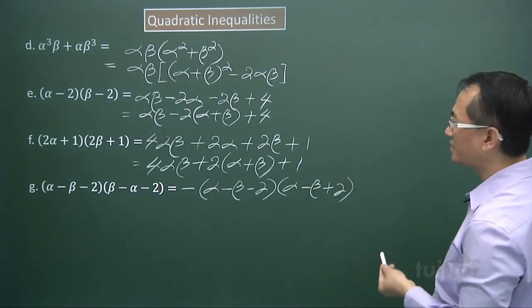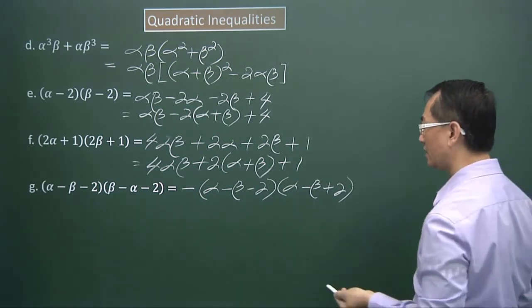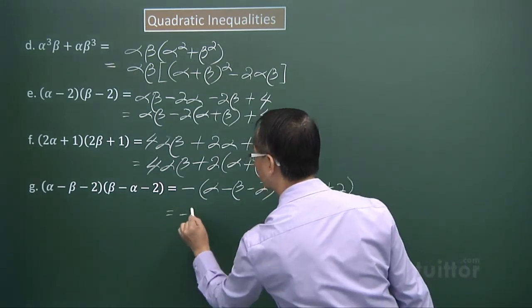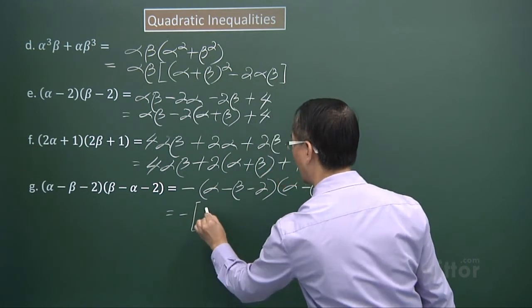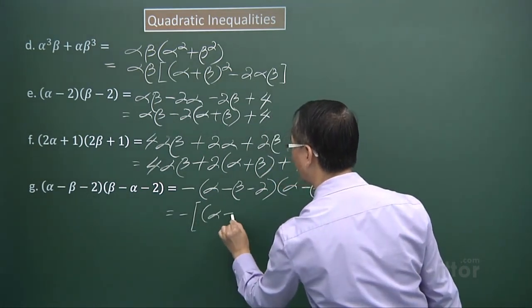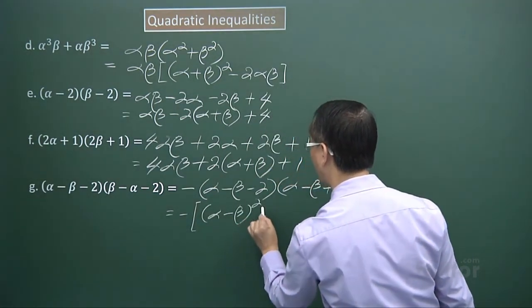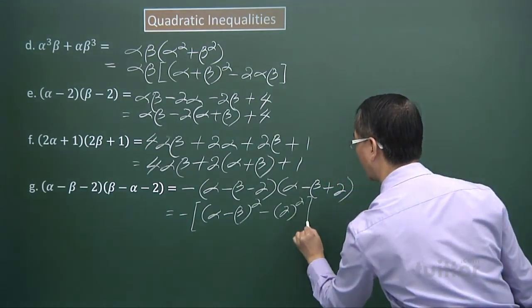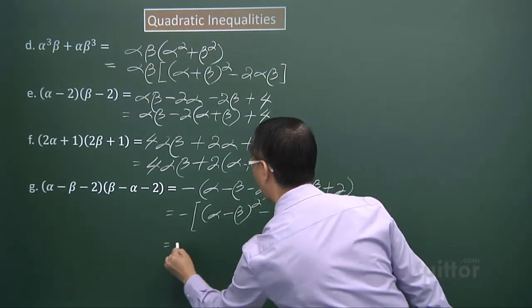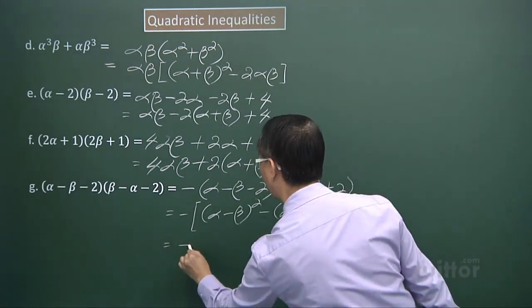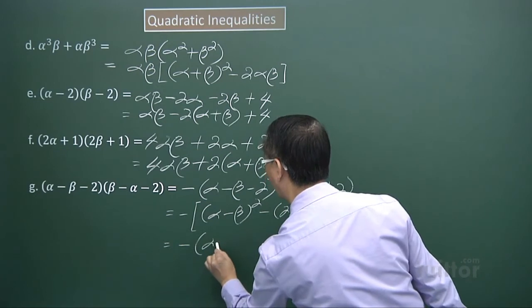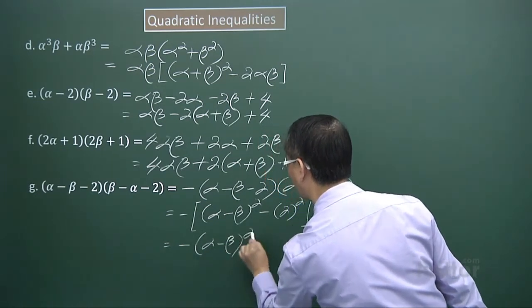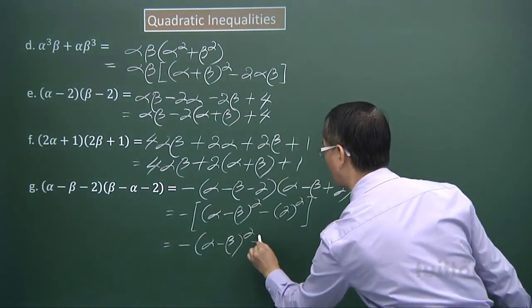You can see this is a difference of two squares. What I mean by that is I will have negative alpha minus beta squared minus 2 squared. I would have negative alpha minus beta squared plus 4.